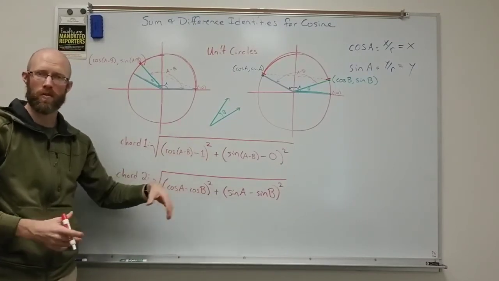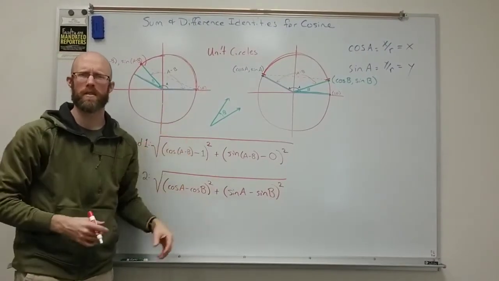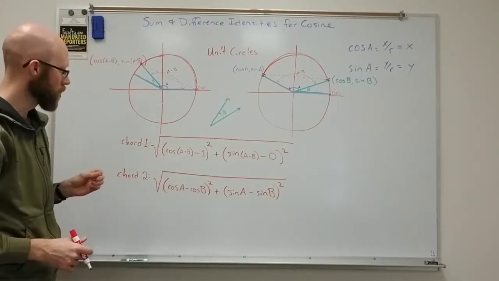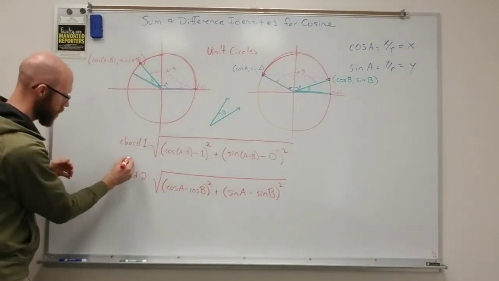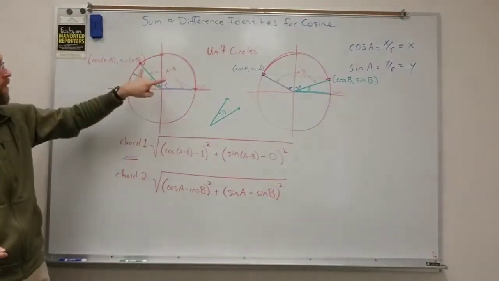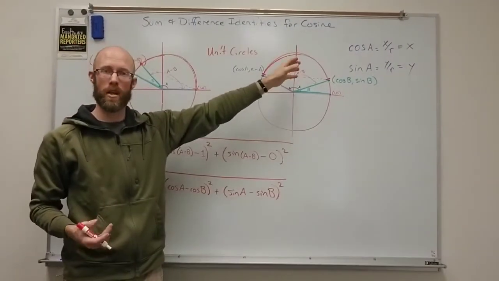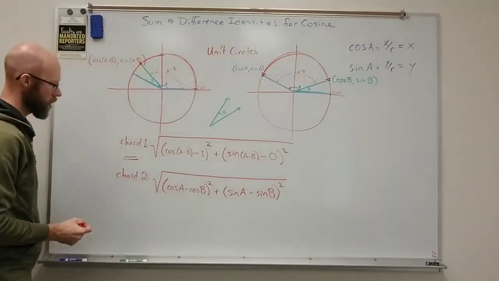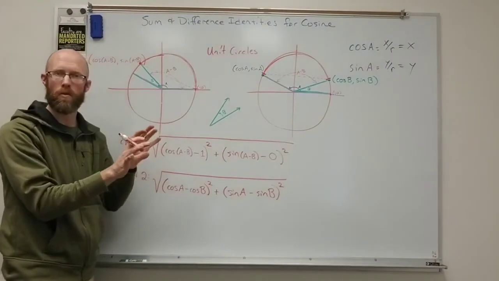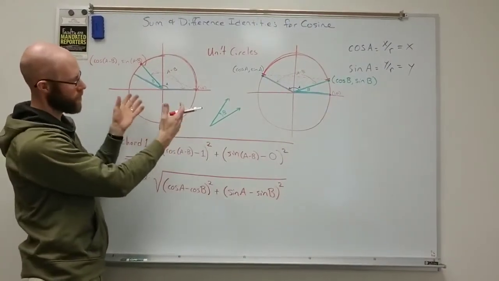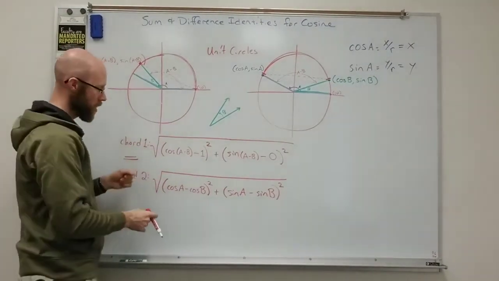Now, these two expressions, they're complicated, right? They've got square roots, they've got trig functions that are squared, lots of messy stuff. But you can set these equal to each other, right? The two chords must be equal because they represent the same angle and the same radius. And here's where I'm going to skip over some of the algebra, just save some space and save some time.